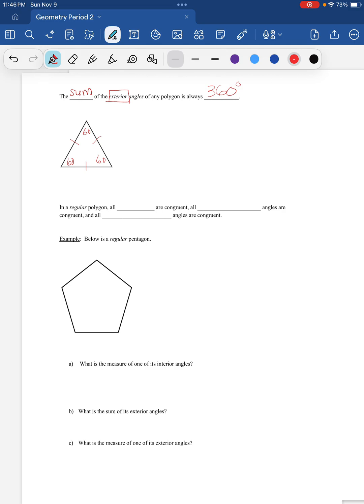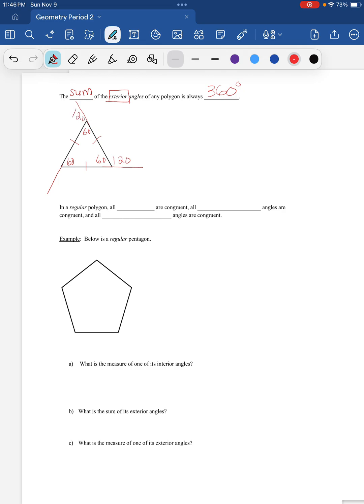Well, if I sketched exterior angles at each vertex, you guys remember exterior angles just means that you're extending one side of the polygon to the exterior. Well, if you look at these creating linear pairs here, it would be true that 180 minus 60 means that this one is 120.